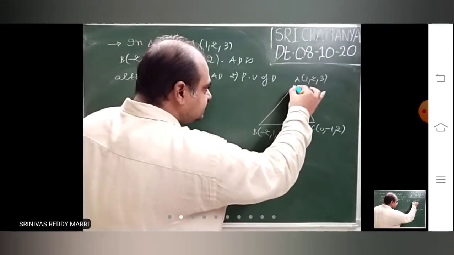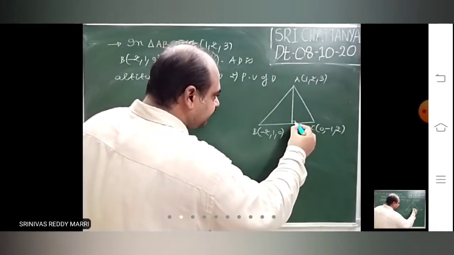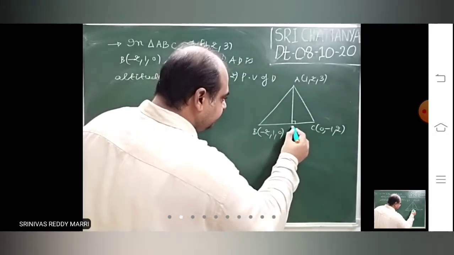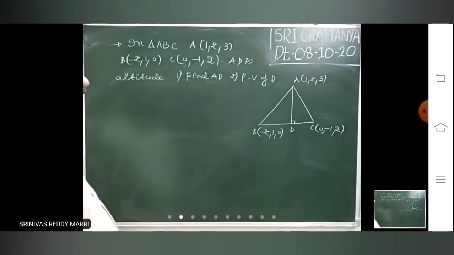So this is the altitude. That means AD will be perpendicular to BC.